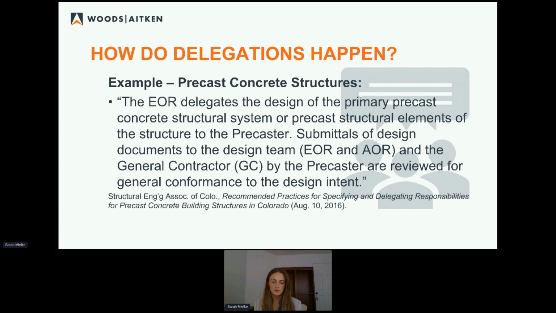It could just be an element of a system. And the engineer delegates that to a contractor. The submittals of the design from the contractor then have to get approved by the engineer, the architect, and the general contractor. So this lays out the process in terms of the engineer's responsibility to review the design. Who does the delegating? The engineer.